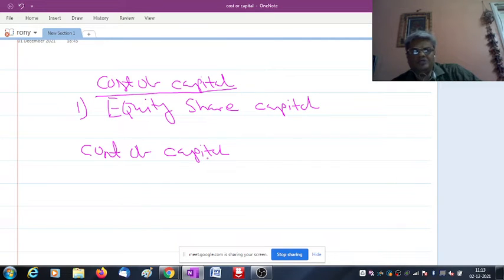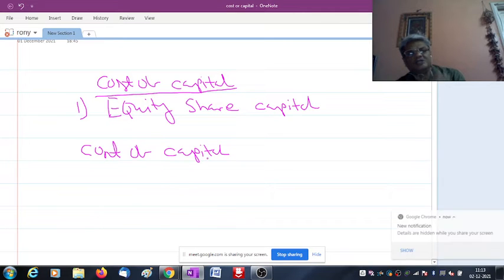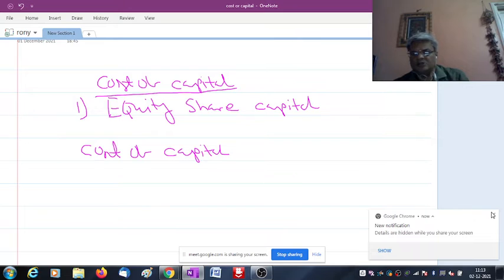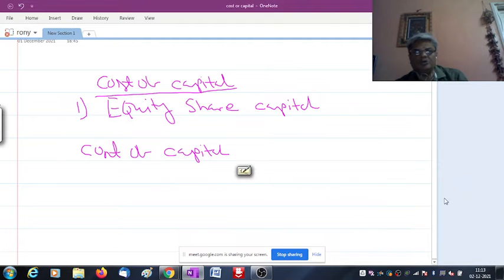So to have this fund, from the point of view of the company, you need to pay something because there is no free lunch. Unless you pay something, nobody will supply fund to your company. So the amount that you are paying to the supplier of capital is called cost of capital.